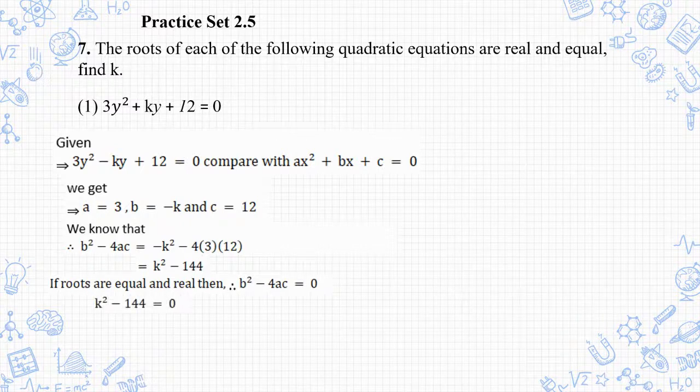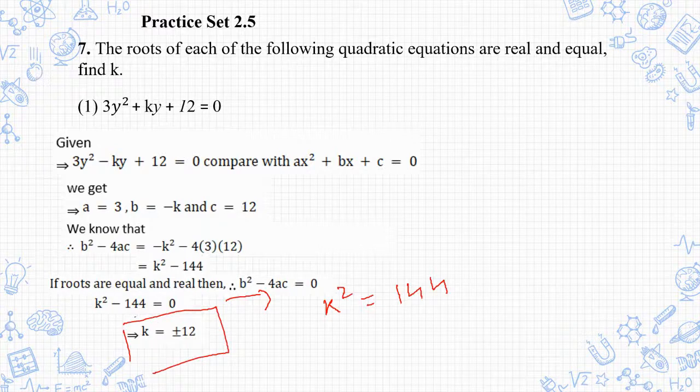So you take k square minus 144 equal to 0 and solve it. If you take 144 to the other side, I'll have k square equal to 144, and if you take square root on both sides, you'll get plus minus 12. So k can be plus 12 or minus 12.